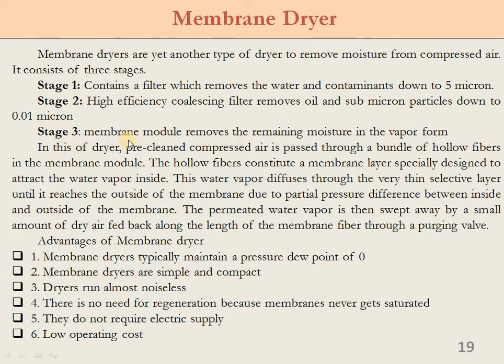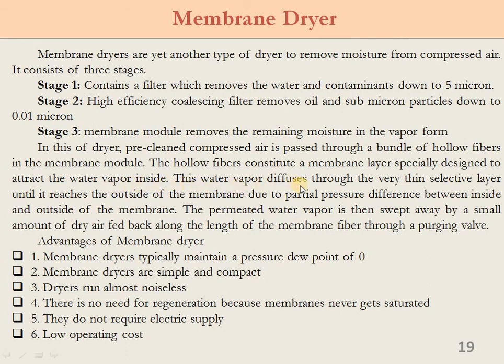In the third stage, the membrane module removes the remaining moisture in vapor form. So in this type of dryer, pre-cleaned compressed air is passed through bundles of hollow fibers in the membrane module. The hollow fibers consist of a membrane layer specially designed to attract the water vapor inside.